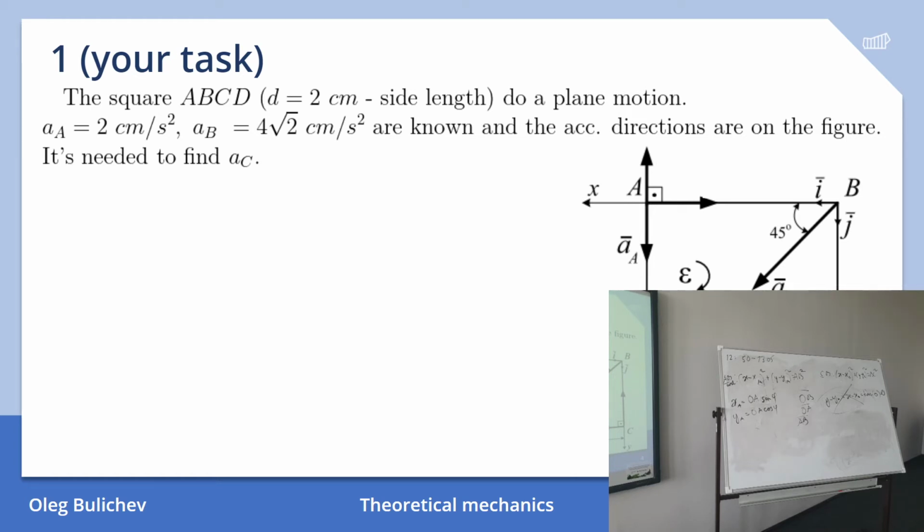Because velocity of C is the velocity of B plus the velocity of C with respect to B. And we can get velocity of B equal to velocity of A plus velocity of B with respect to A. This is a relative velocity.